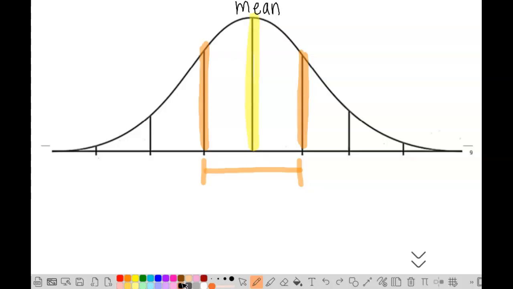Look back on the left side. What percent of data is 1 deviation from the mean? 68. Yeah, now if I want to look at lower bound and upper bound and you split it, then that's 34% on either side.